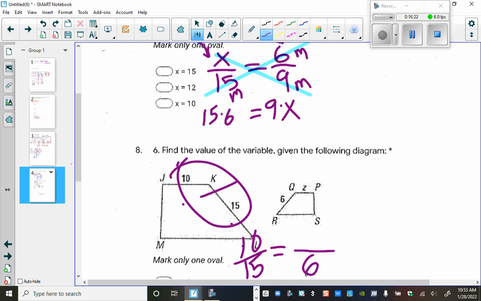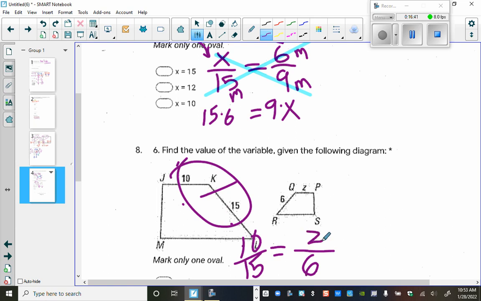But now this Z. Well, also you can figure out the Z. Does that correspond to the 15 or the 10? Look where it's located. Where's that Z located? Is that slant or top? Top.